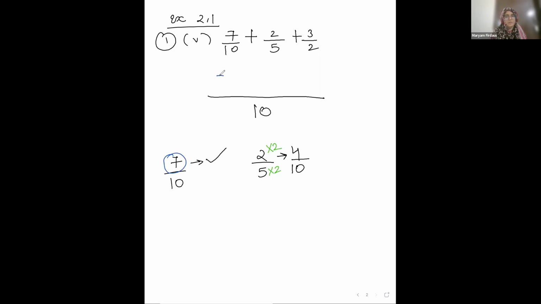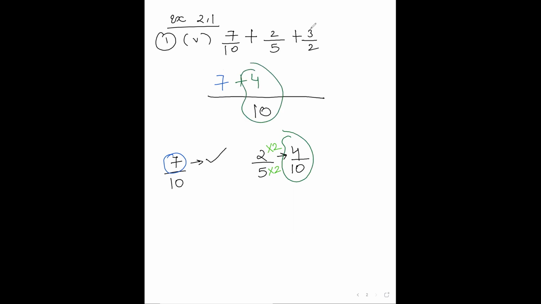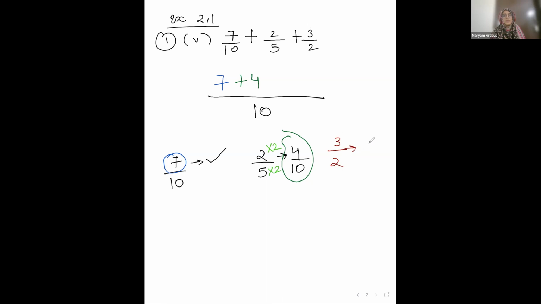So I'm going to simultaneously write the same thing here. 7 by 10, right? So 7 by 10. Are you seeing it? Plus 4 by 10. Then you have the third thing, 3 by 2. Very good, 3 by 2. You convert that into 15 by 10, so this is multiplied by 5 and this is also multiplied by 5.